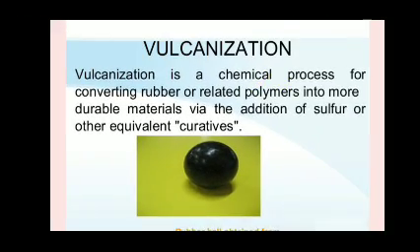What is vulcanization? Heating of rubber with sulfur at 110 to 140 degrees centigrade to increase the strength of the rubber is called vulcanization.